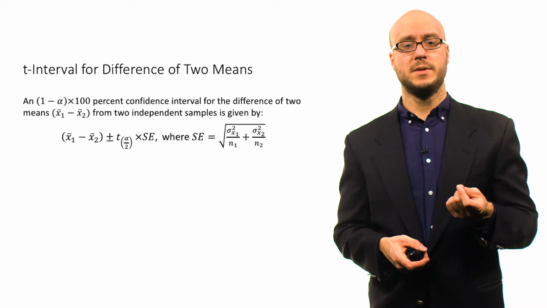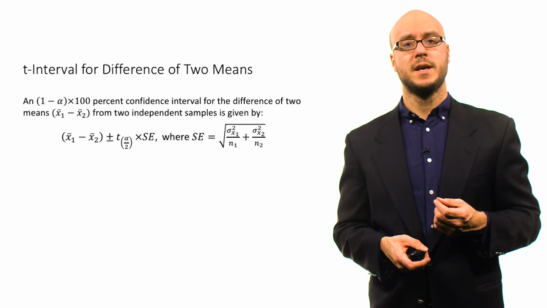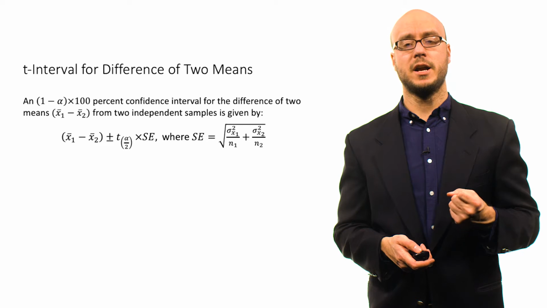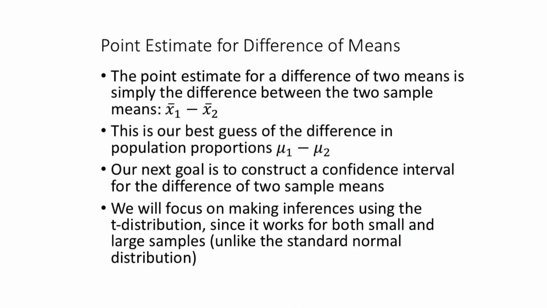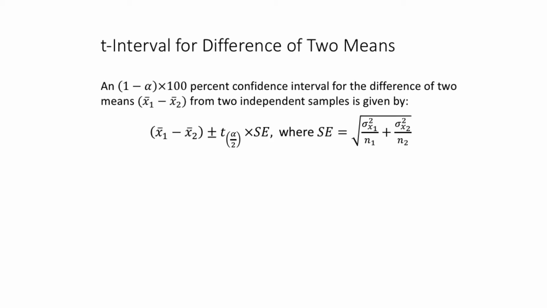You have a point estimate, so the difference of the two sample means, and then you add and subtract t alpha divided by 2 times the standard error, where the standard error is really this sort of sum in a way. Each sample size is given by n1 and n2, and then we use the two different sample variances as estimates for these two unknown population variances.